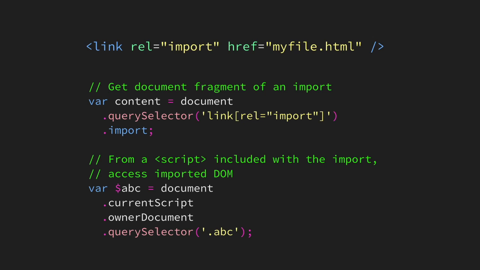But you see that from within the imported HTML, we can write document.currentScript.ownerDocument, and that gives us the application document. So we could query selector for a particular thing from the thing being imported, but we'd be querying in the host, the importer's, document object.